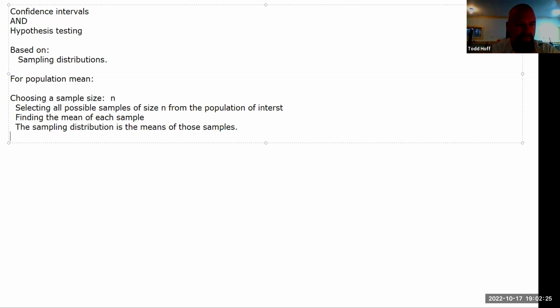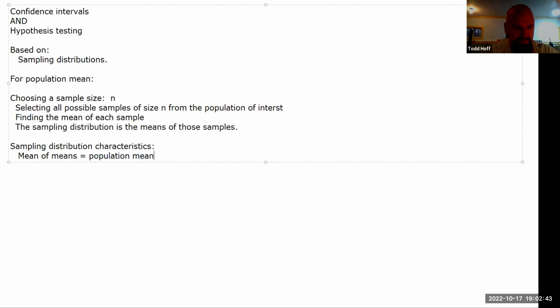And of course, the characteristics of the sampling distribution: the mean of the means was equal to the population mean.